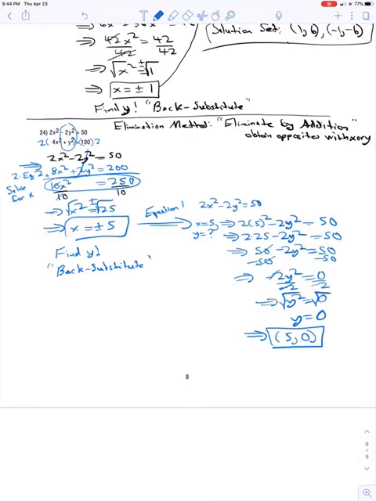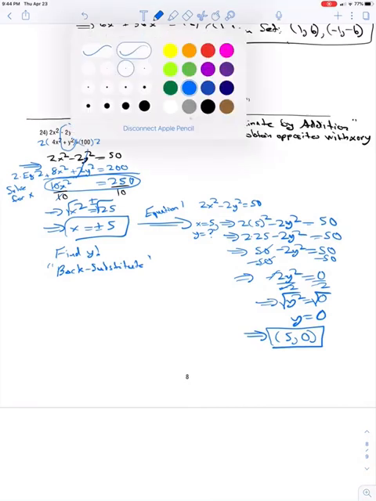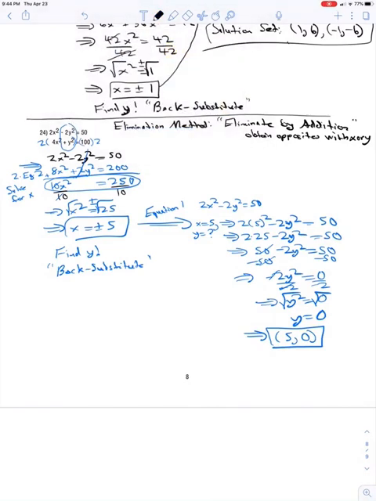So that's with x equal to 5. And then what happens if we plug in our other value? Let's plug in x equal negative 5. What does y equal? That implies 2 times negative 5 squared minus 2y squared equal 50. So that implies 2 times 25 minus 2y squared equal 50, which again is 50.